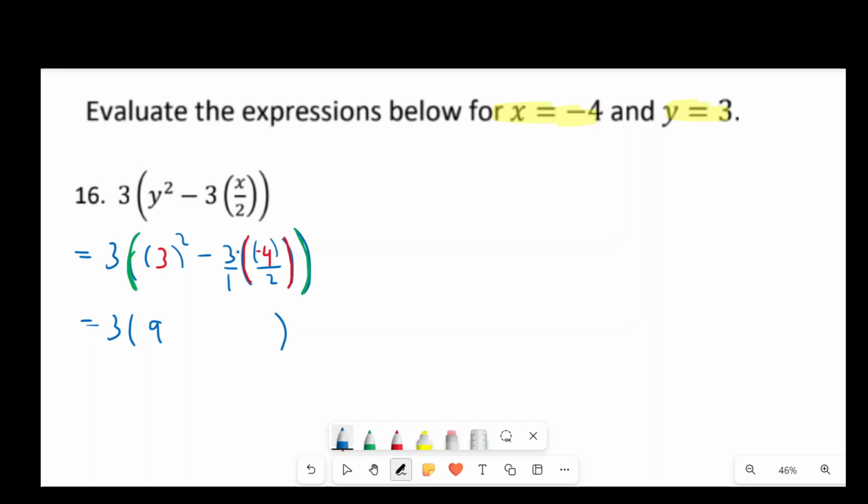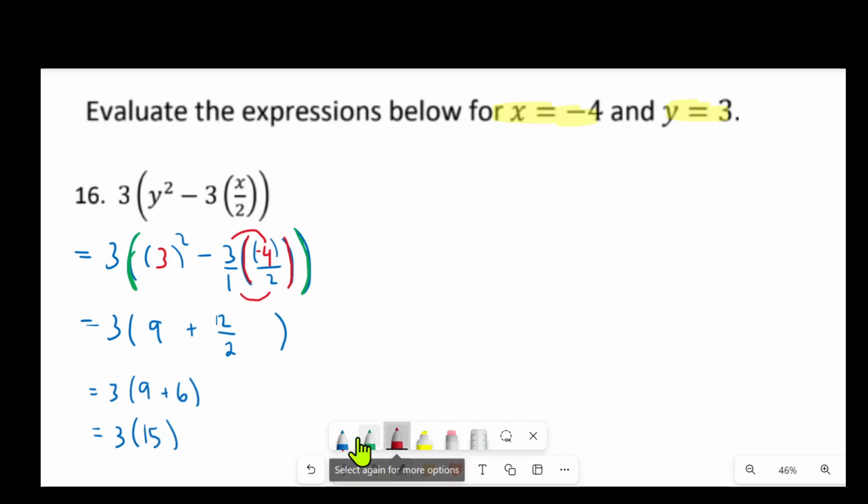So -3 times -4 is +12. And then 1 times 2 is 2. So what's nice about that is I know right away what 12 divided by 2 is. That's 6. So I'm almost done dealing with that bracket. 9 plus 6 is 15.